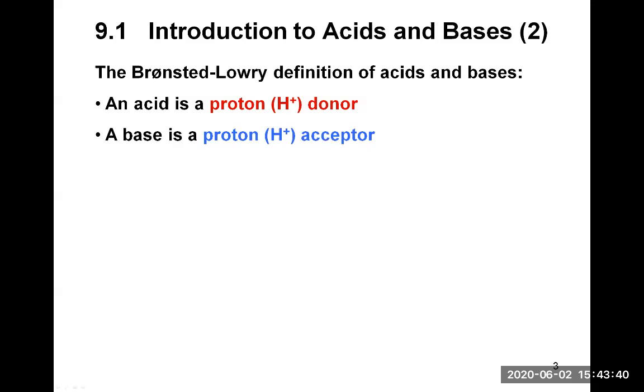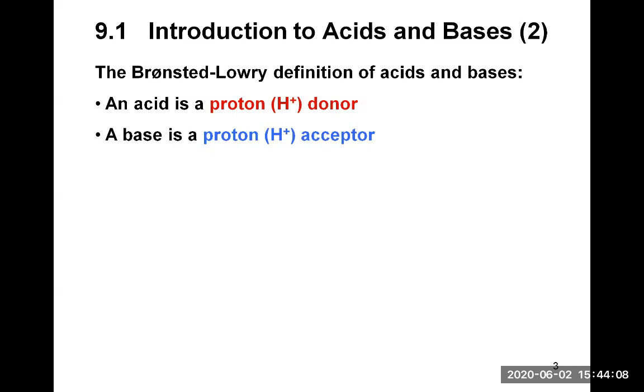So why H+? A proton is H+, because H is hydrogen. Hydrogen is the first atom listed in the periodic table, and it has atomic number 1, so it's made of 1 proton and 1 electron. When you remove this electron from the atom of hydrogen, then you have only 1 proton.